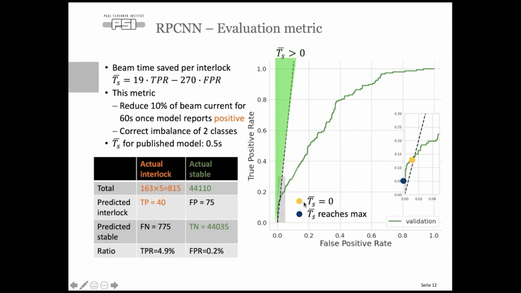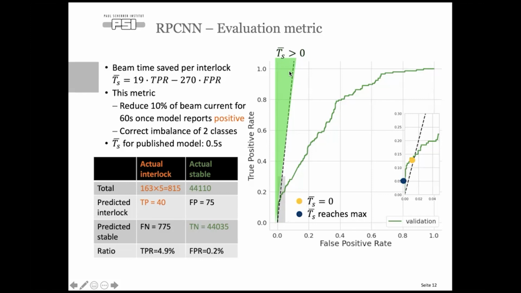Since we want to maximize the beam time saved, we want to maximize this metric, and as you can see here, this metric punishes false positives much more than it rewards increasing true positives. That's why we have this dashed line here.